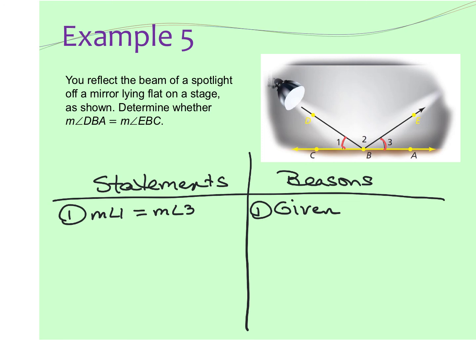Now, just to get an idea of where we need to get to, I'm also going to look at what they're asking me to prove. And they're asking me to prove or show that the measure of angle DBA equals the measure of EBC. So DBA is over here. Let me do it in a different color. I'll do it in blue. DBA is here, and they're asking me to figure out how that angle is equal to EBC.